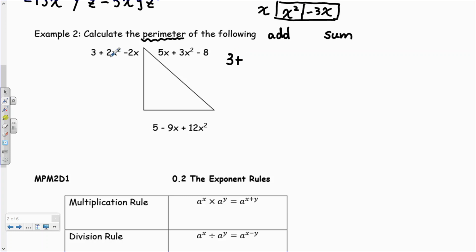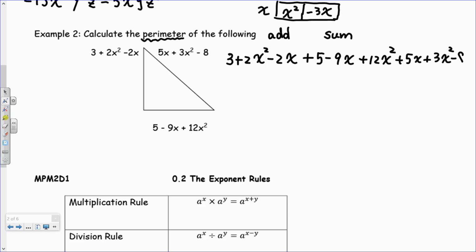So I will start from this one first: 2x squared minus 2x, then plus this side, 5 minus 9x plus 12x squared, then the last side. All 3 sides added together give the sum, and that is your perimeter. The perimeter is the distance that surrounds a figure.